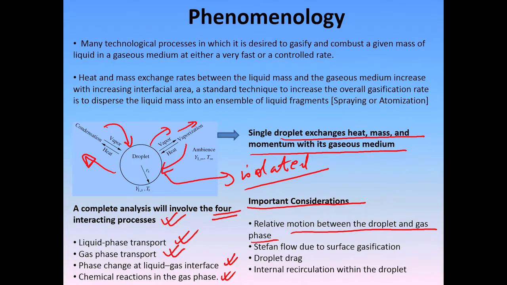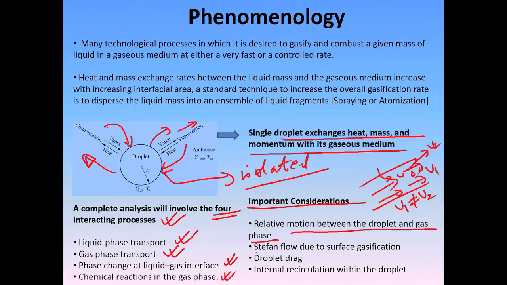Say you have a pipe, and there is a flow going at a velocity V1. You are injecting droplets into this flow field at a velocity, say, V2. This V1 may not be equal to V2; in most cases they will not be. So, there will be a relative motion between the gas and the liquid phase.